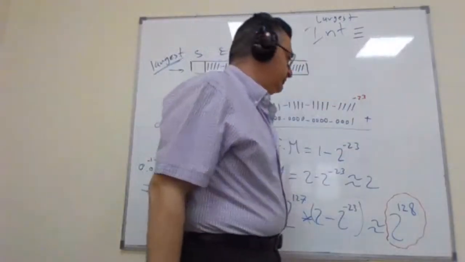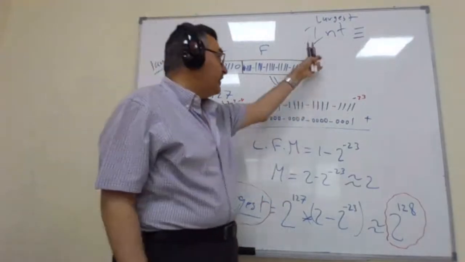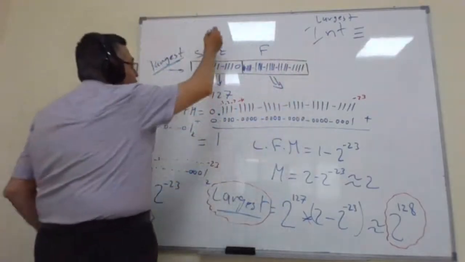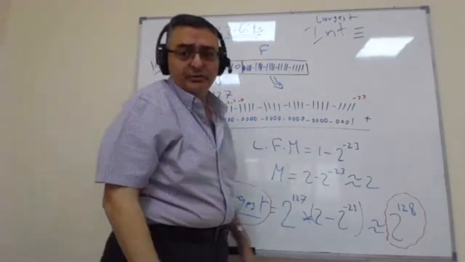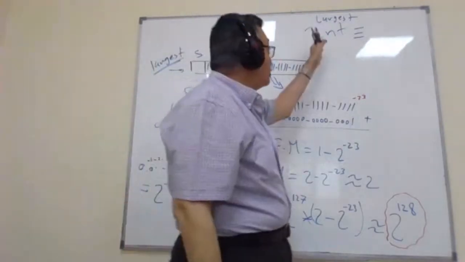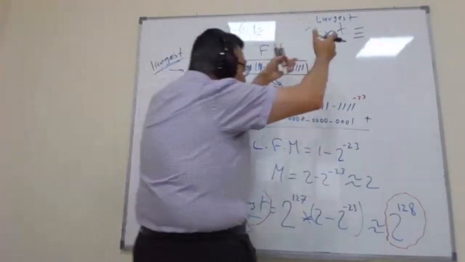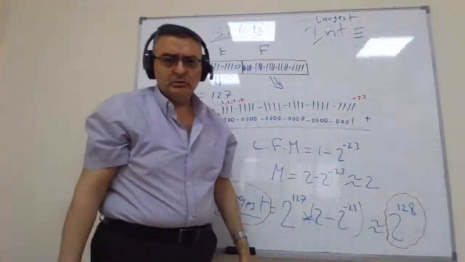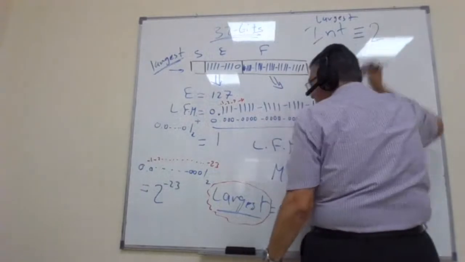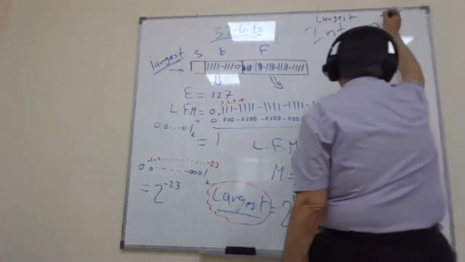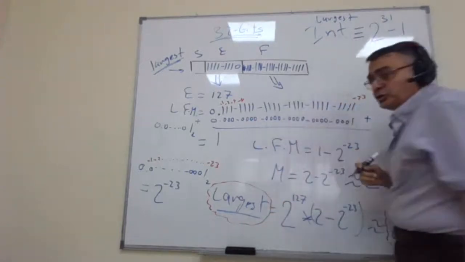The integer, what is the largest integer? If I am utilizing those 32 bits for integer numbers, what will be the largest? لو أنا بستخدم ال 32 bits integer sign two's complement, what is the largest value? أيوة كده. 2 to the power 31 minus 1 sign two's complement.